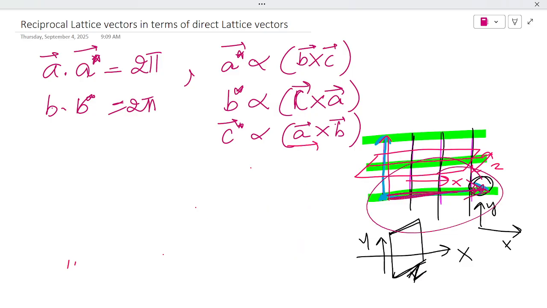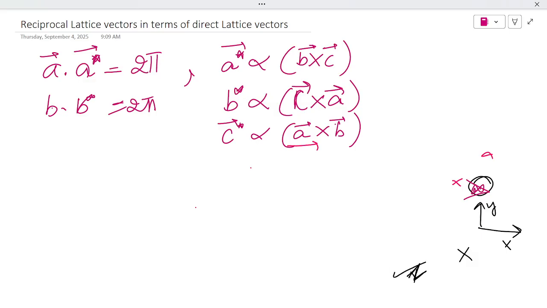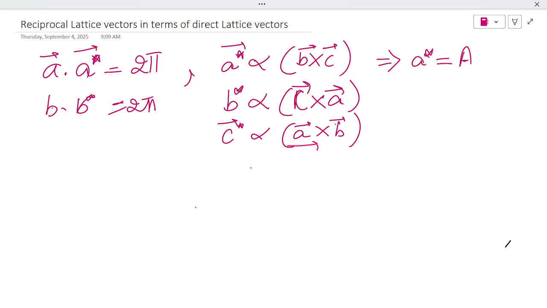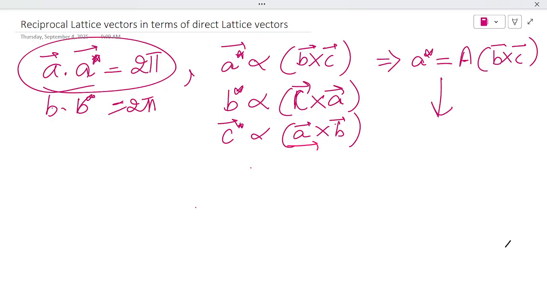So let's proceed from here. Removing the sign of proportionality, we can write it as A star equals to some proportionality constant A, B cross C. I'm solving only for A star, and then we will extend our relation for the B star and C star. So A star is equals to A, B cross C. Also I'm having relationship A dot A star is equals to 2 pi.